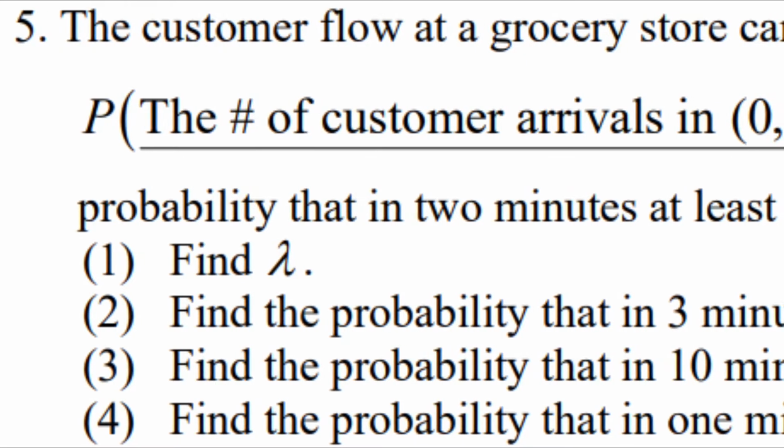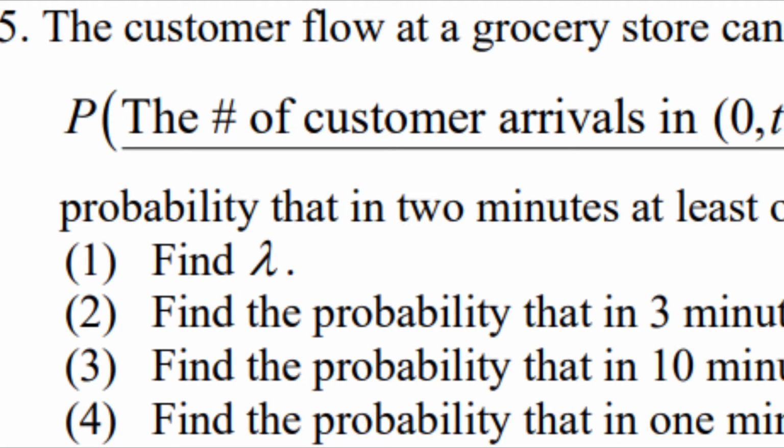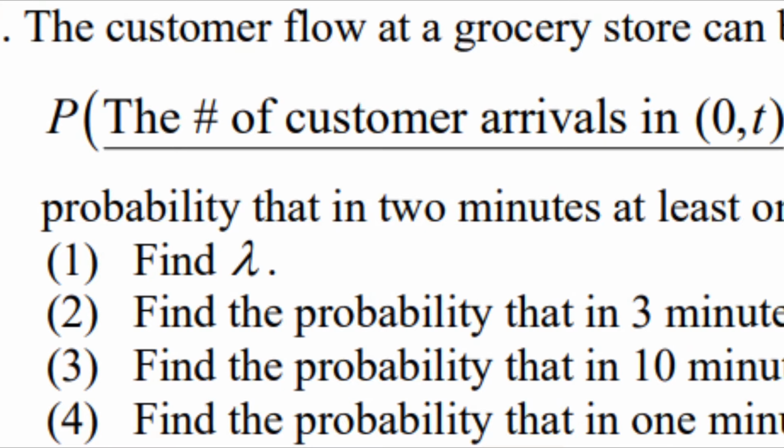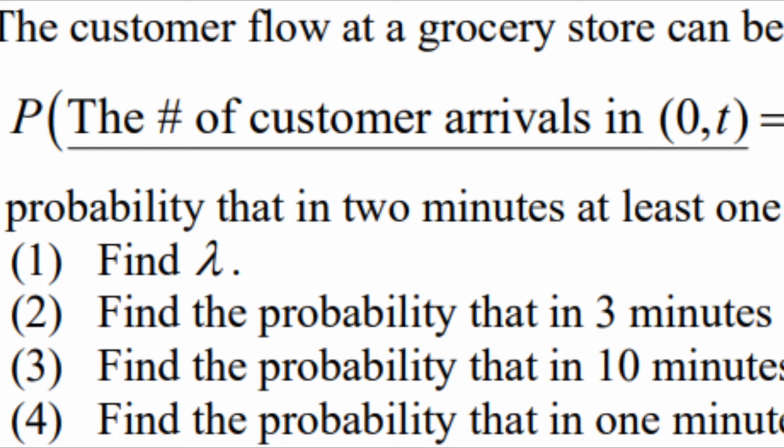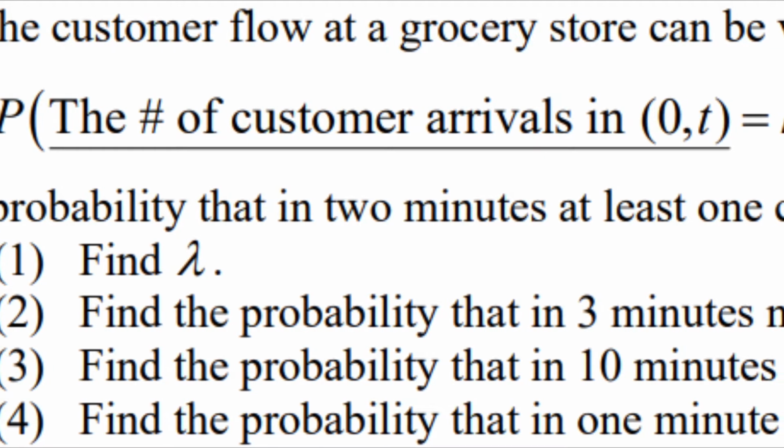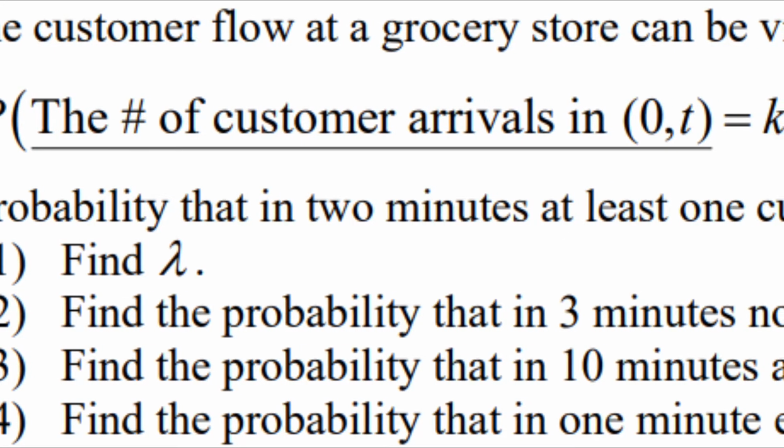This is homework 2, problem 5. The problem is: the customer flow at a grocery store can be viewed as a Poisson process.